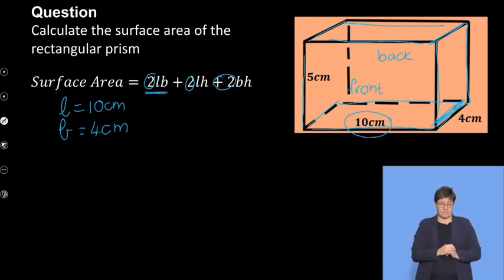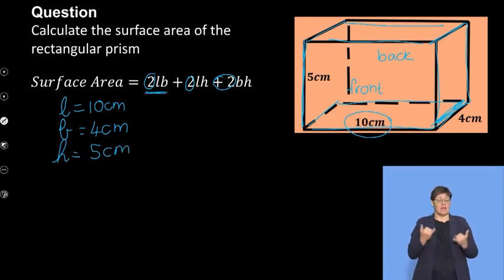And the height of this rectangular prism is 5 centimeters. So now I'm going to substitute my L, which is my length, my B, which is my breadth, and my H, which is my height, into the formula. Just in case you're worried about the L's, B's, and H's, they represent length, breadth, and height.